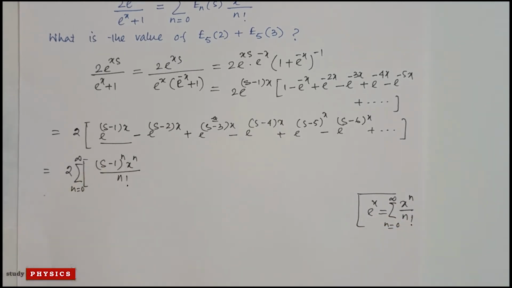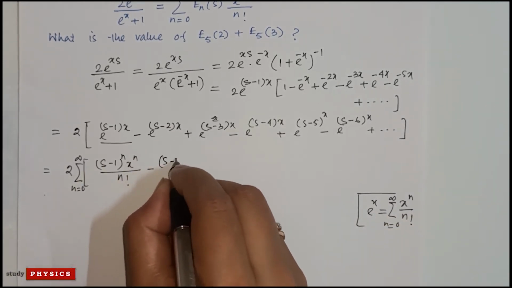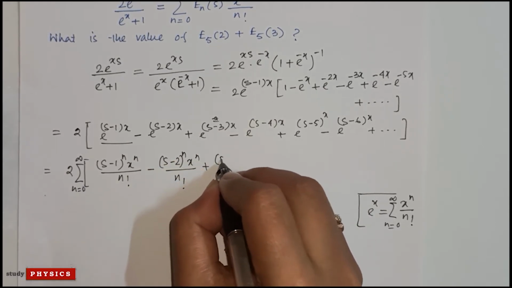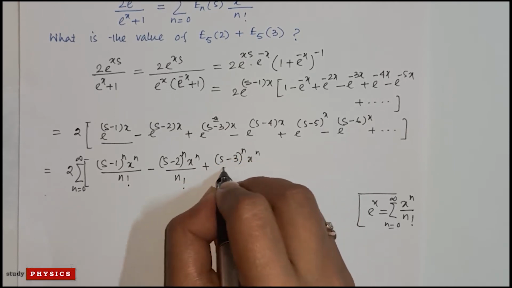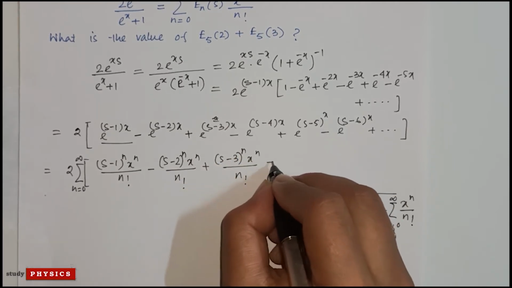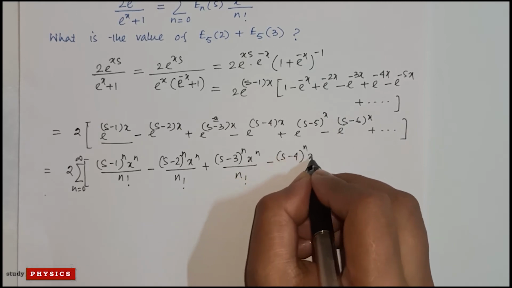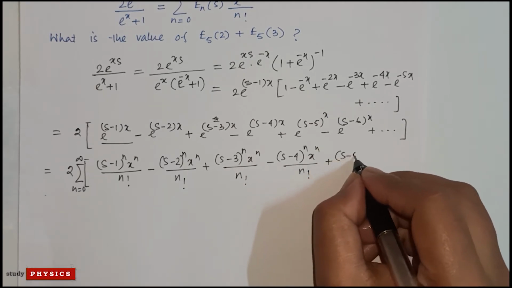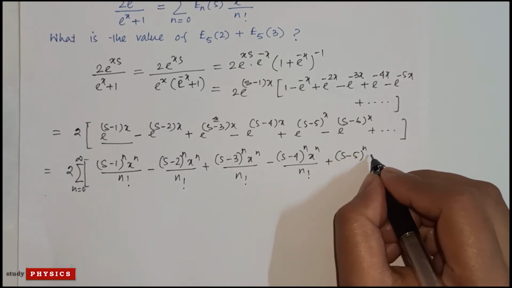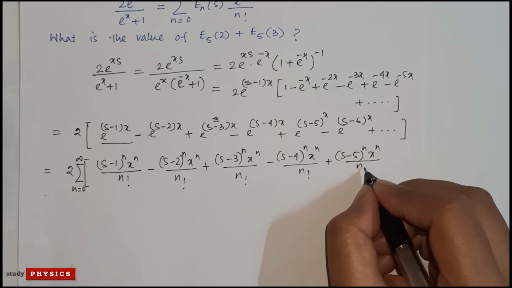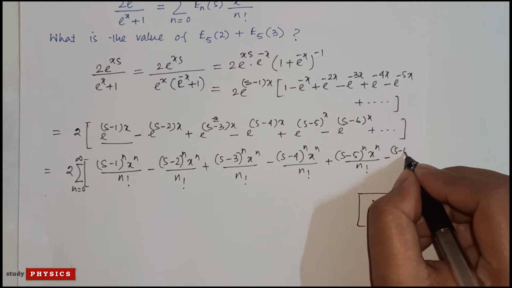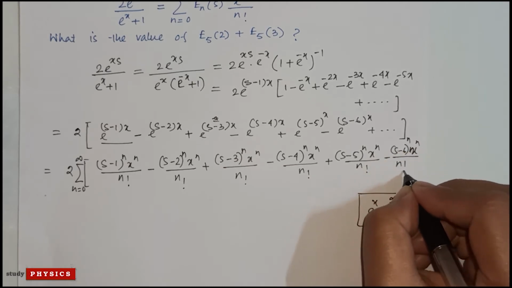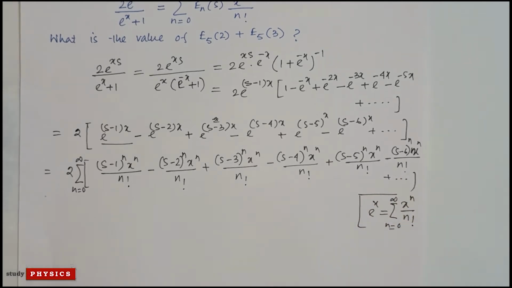Just this, minus (s minus 2) to the power n x to the power n divided by n factorial plus (s minus 3) to the power n x to the power n divided by n factorial minus (s minus 4) to the power n x to the power n divided by n factorial plus (s minus 5) to the power n x to the power n divided by n factorial minus (s minus 6) to the power n x to the power n divided by n factorial, and so on.